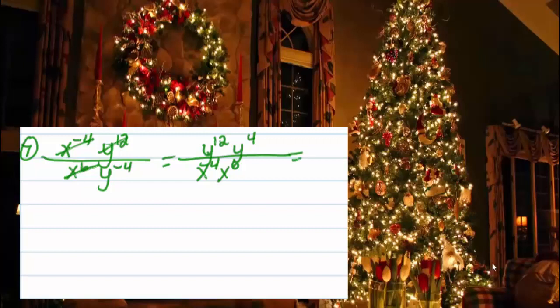Y to the 12th times y to the 4th, so we add the powers. Leaves us with y to the 16th over x to the 4th times x to the 6th. So again, we add our powers. X to the 10th power. And we can't simplify those because they have different bases, so that will be our final solution.